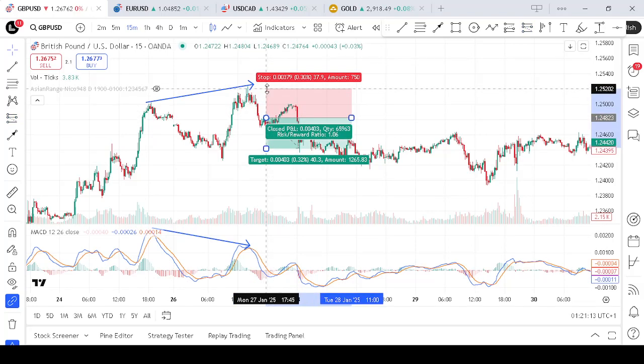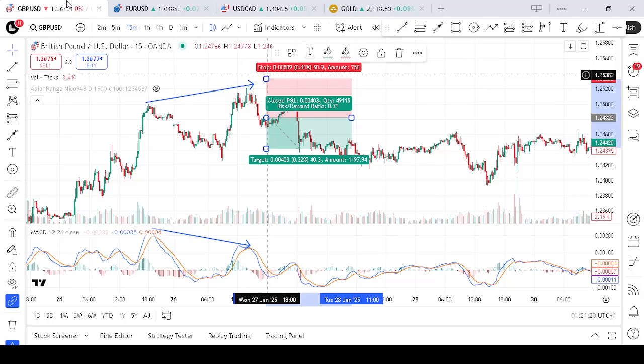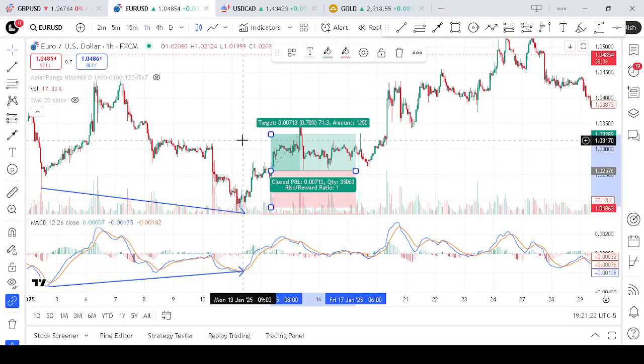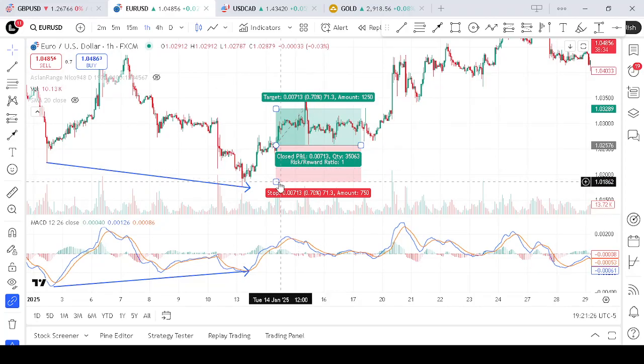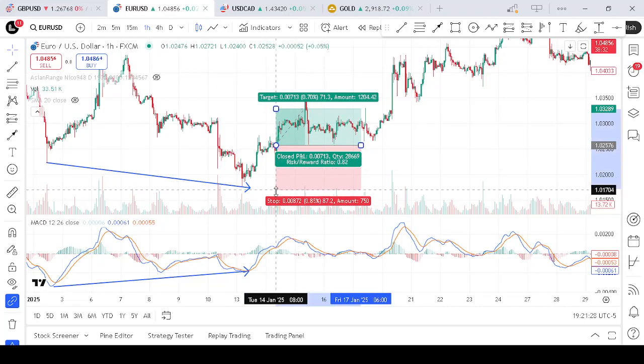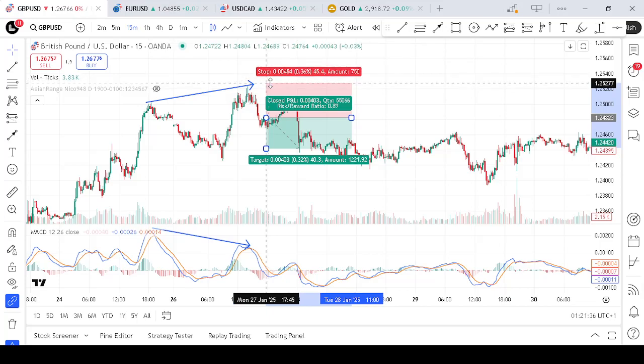Your stop loss placement is very important and it's crucial for managing risks. For a long position, you should place your stop loss just below the most recent low, while for a short position, you should consider placing your stop loss above the most recent swing high.